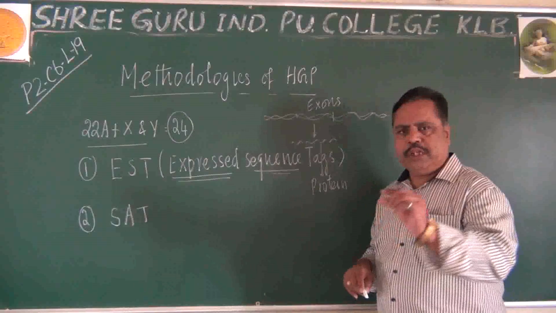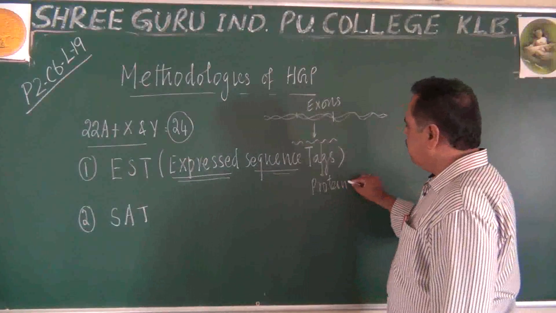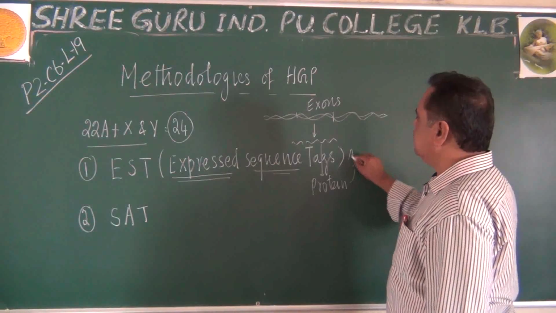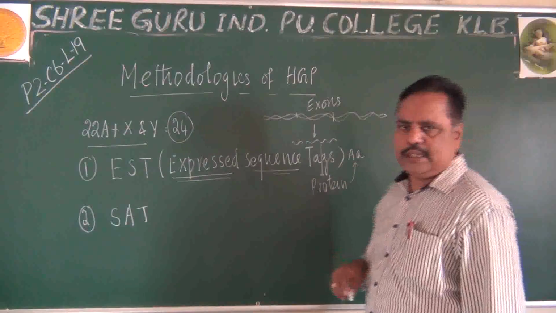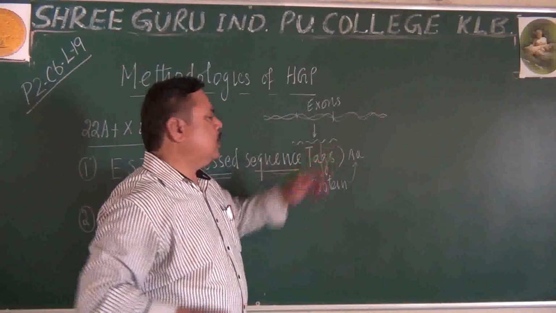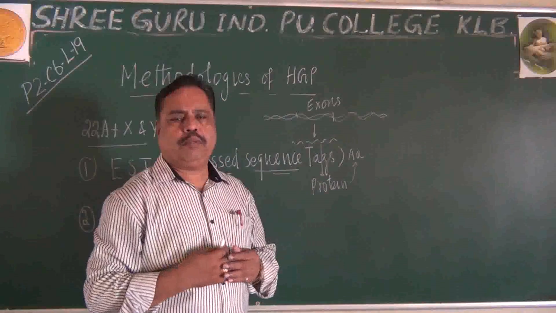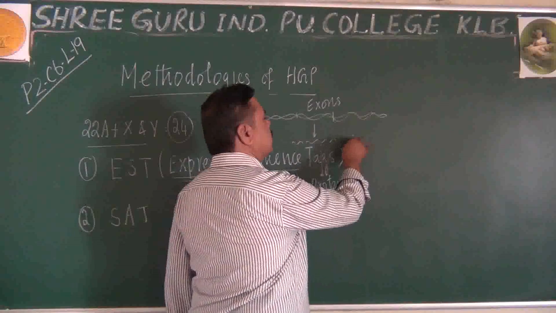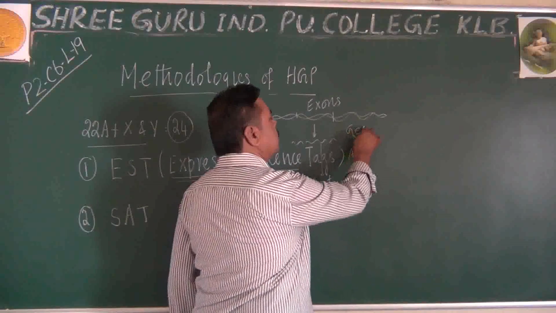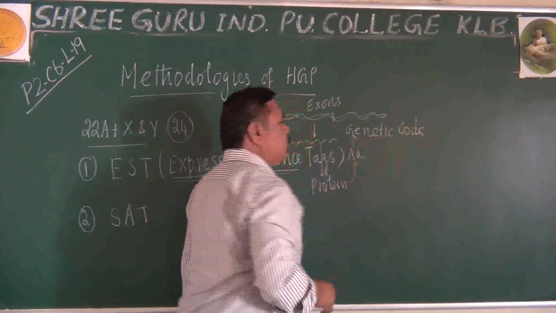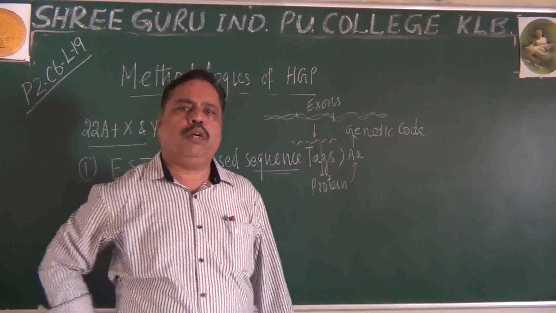When we know the protein molecule, depending upon it, we can find out the amino acid sequence indirectly. When you know what amino acids a particular protein has got, if you know the amino acid, easily you can find out the genetic code of that amino acid here.